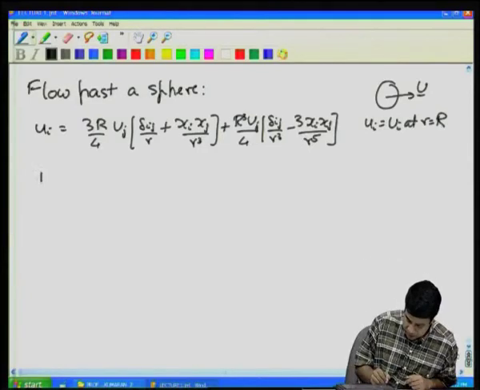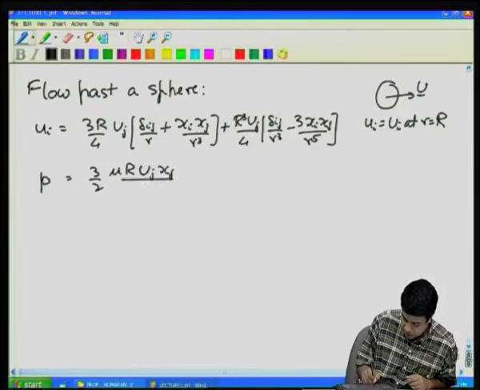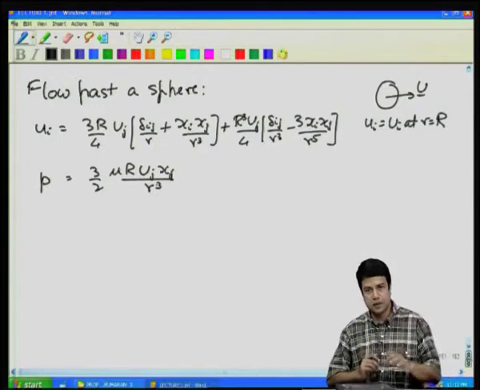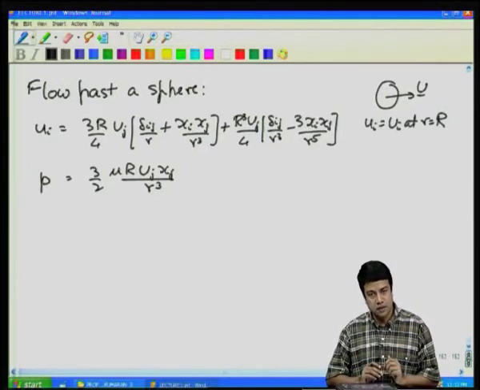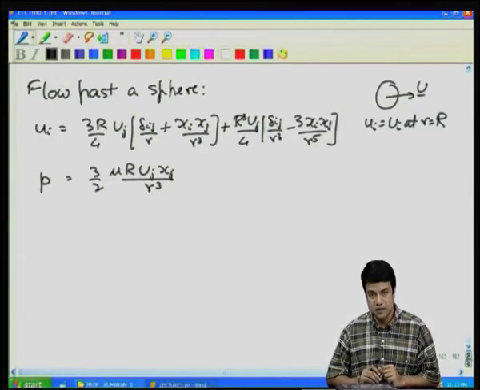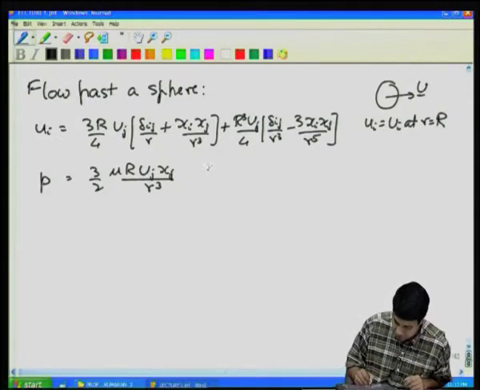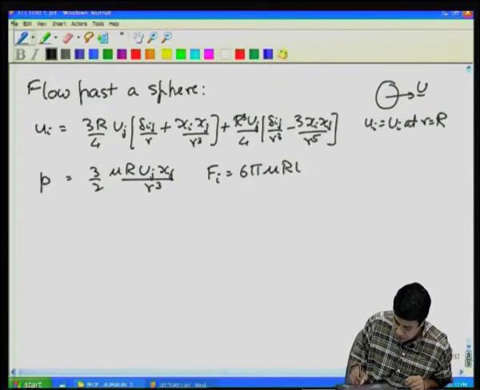And the pressure was 3 by 2 mu r u j x j by r cubed. We had calculated this in great detail, and from that we had calculated the net force exerted by the fluid on the sphere, which was in the direction of minus u. The net force exerted by the sphere on the fluid is given by 6 pi mu r u i.